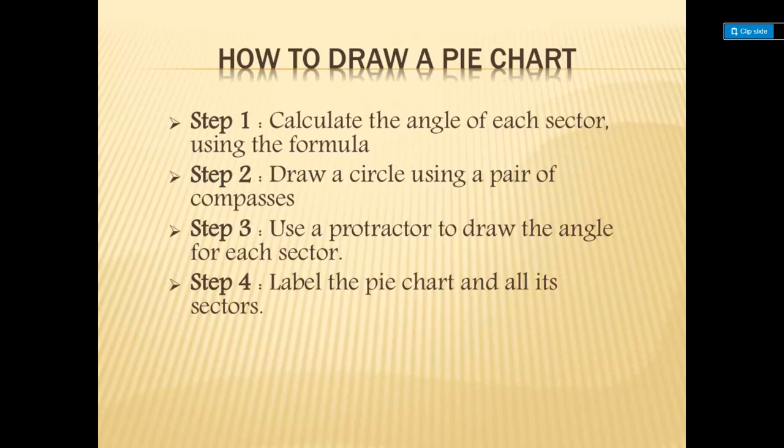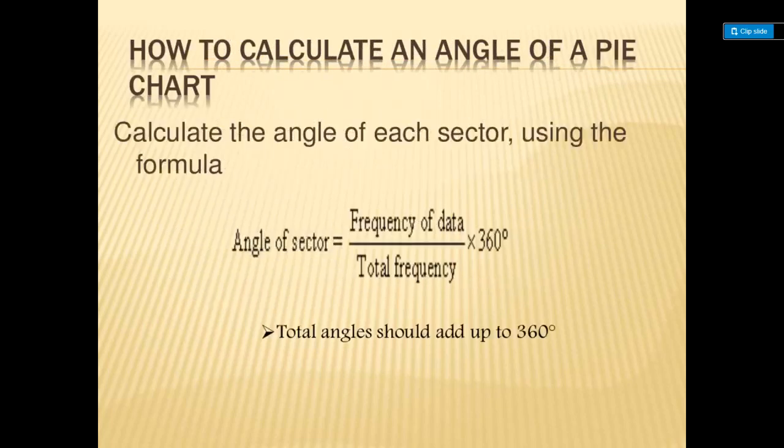Step 1, calculate the angle of each sector using the formula. Step 2, draw a circle using a pair of compasses. Step 3, use a protractor to draw an angle for each sector. And step 4, label the pie chart and all its sectors. Next, how to calculate the angle of a pie chart.